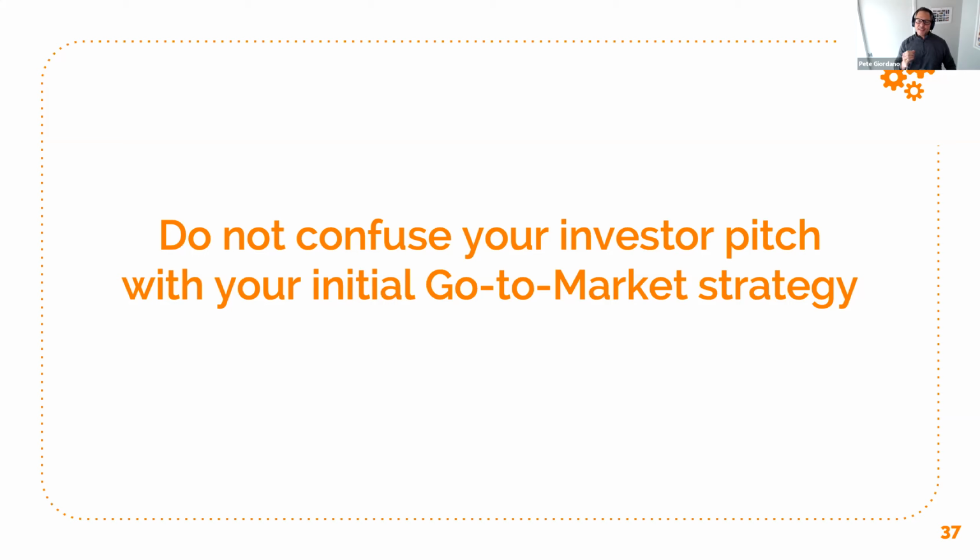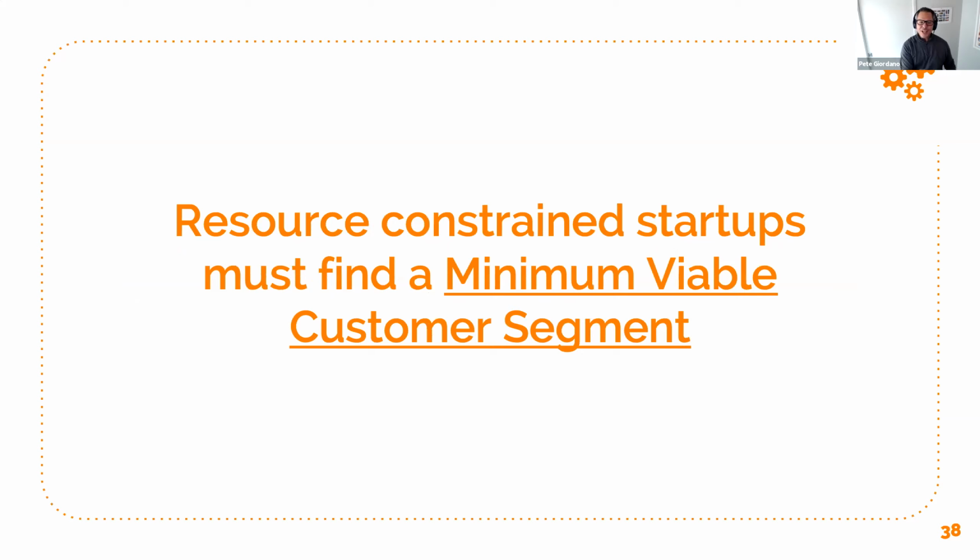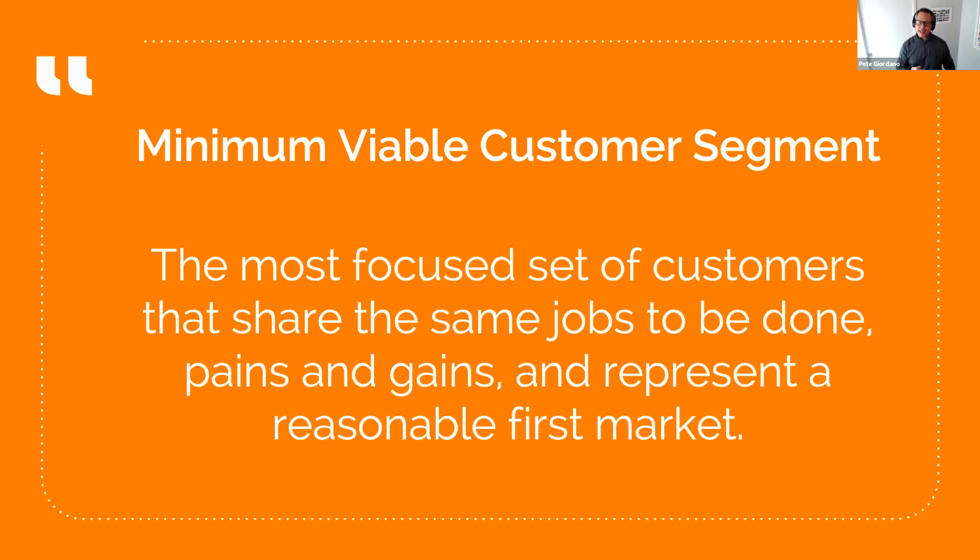And this is a pitfall for founders. When you know you've got your hands on an incredibly large market, and then you decide to go attack it all at once. Mistake. And I'm sorry to sound so preachy, but I just see it over and over again. It's about being resource constrained as a startup and finding what I call a minimum viable customer segment. And this is where the jobs to be done and the pains and gains come in.